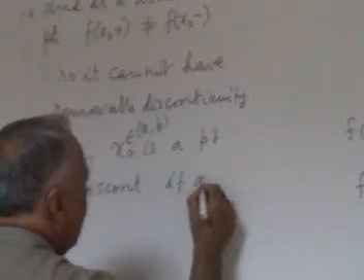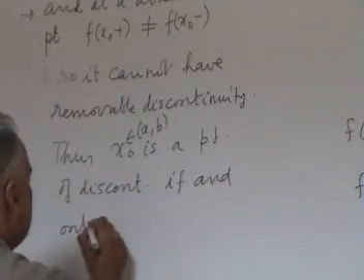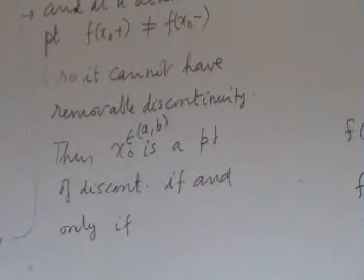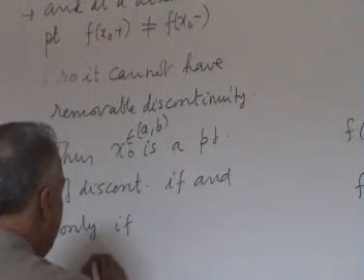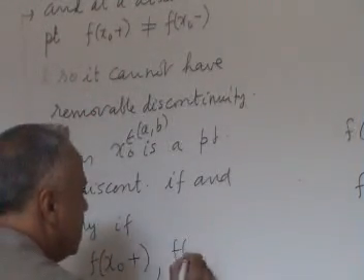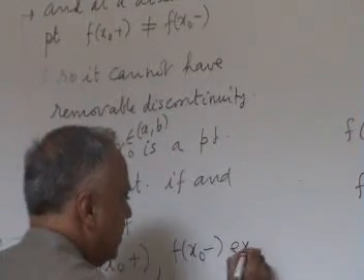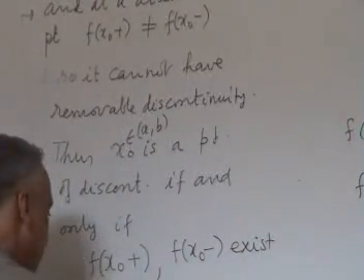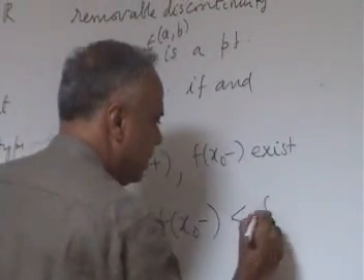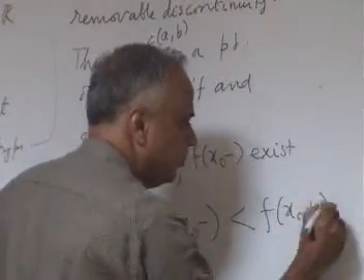For a monotone function, x naught is a point of discontinuity if and only if f(x naught), f(x naught plus), f(x naught minus) exist, and they should not be equal, so this must be strictly less than this.